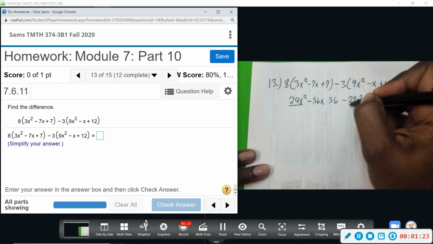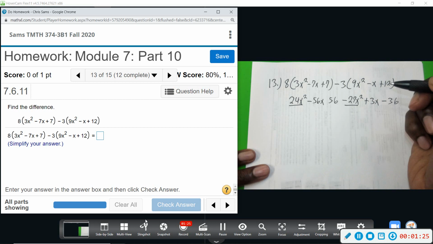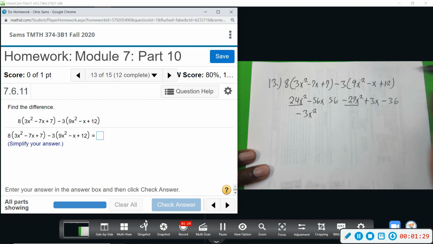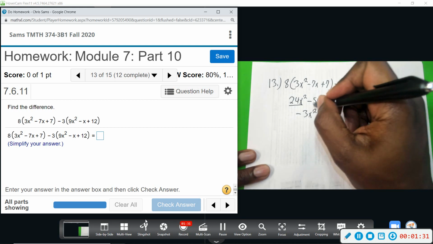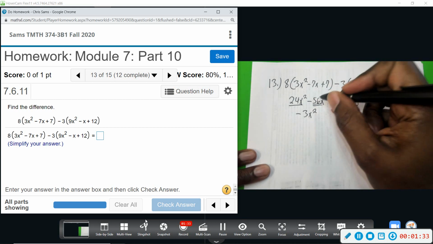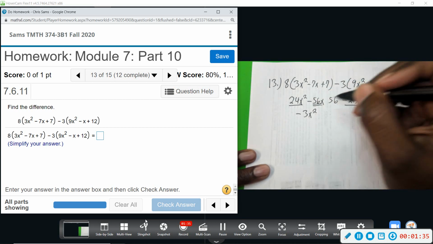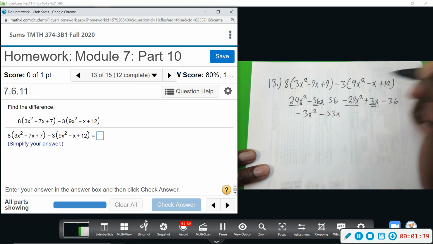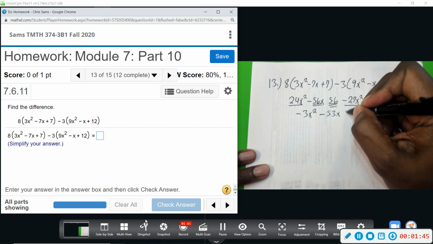Alright, so combining the x squareds, we will get negative 3x squared. Combining the x terms, subtracting, we will get a negative 53x. And then combining these will give us a positive 20.